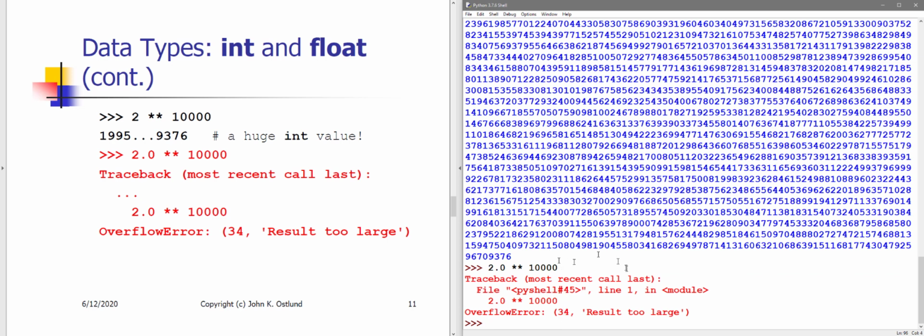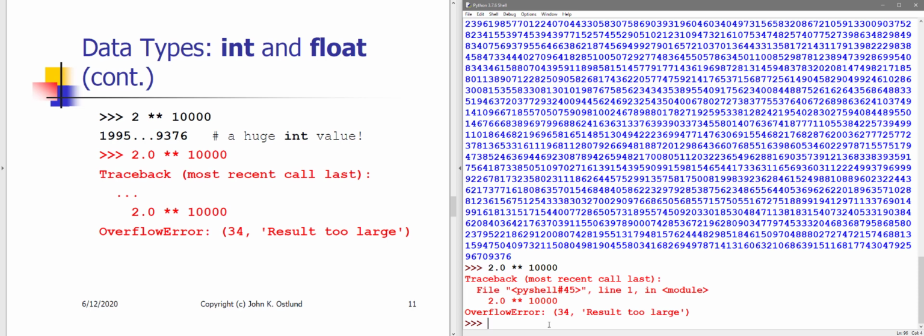So I get yelled at. I get this red error message from my Python shell, an overflow error, result too large. So int values and float values both represent numbers.